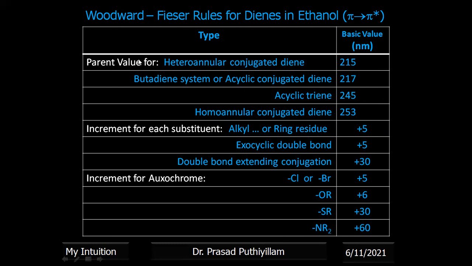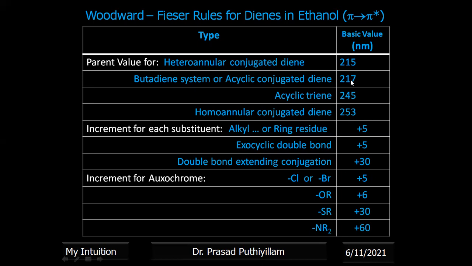The parent value, that means the lambda value, the base value given in nanometers: if a heteroannular conjugated diene is present in the compound, then the starting value should be 250. If it is a butadiene system or an acyclic conjugated diene, then the starting value is 270.